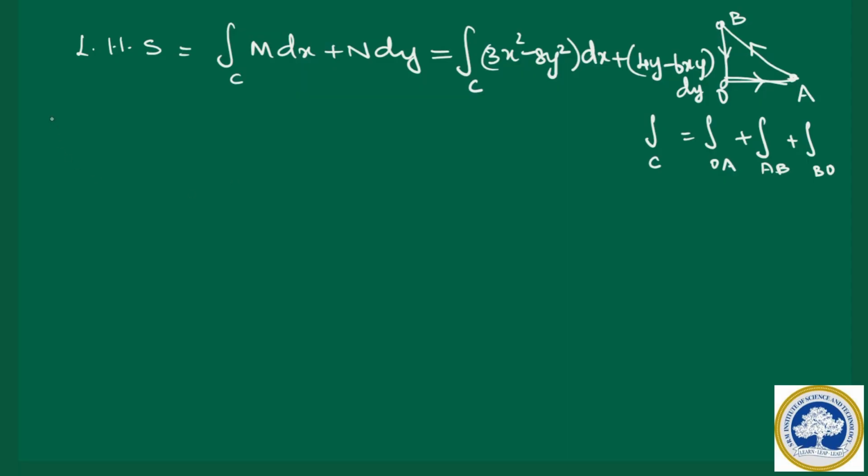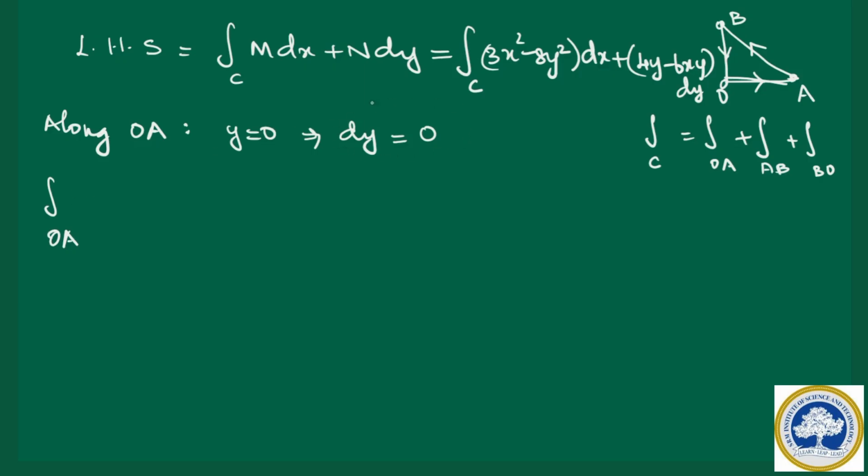Right? So now first let us calculate along OA. Along OA, OA is the x-axis, which means that y is taken as 0. If y is equal to 0, dy is also 0. Right? So now we have to evaluate along OA.